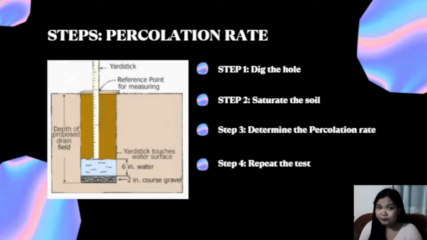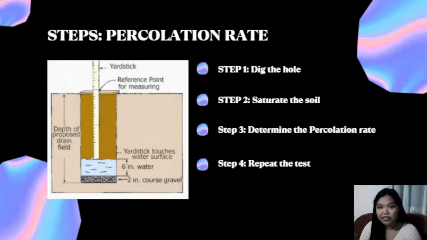If the water drains away too quickly, you need to refill it several times and monitor the rate at which it soaks away. If it is continuously draining away within 10 to 20 minutes, then the soil is unsuitable for a drainage field, as it is too porous.